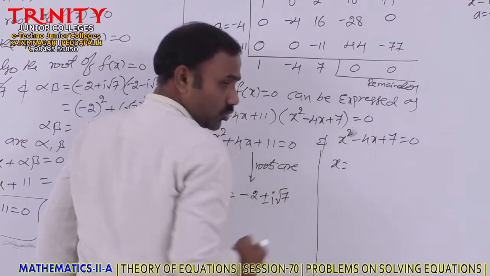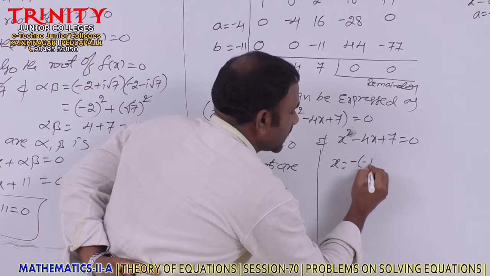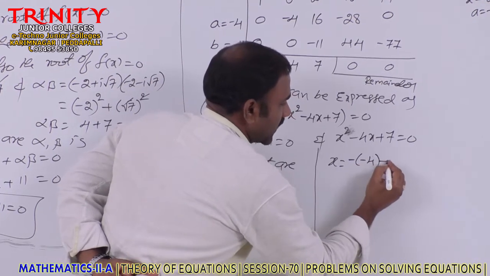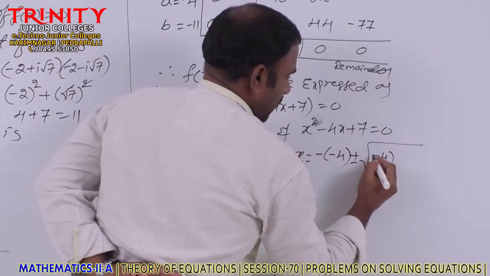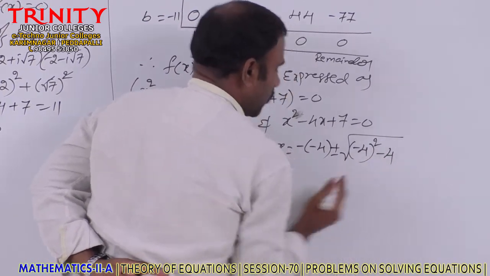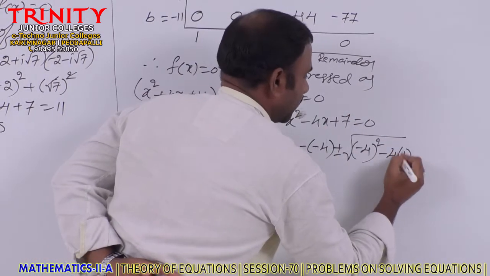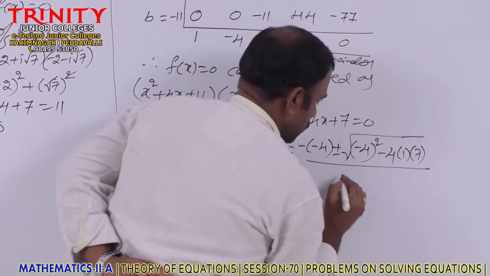x is equal to, you should use the formula minus b plus or minus under root b square minus 4ac by 2a.